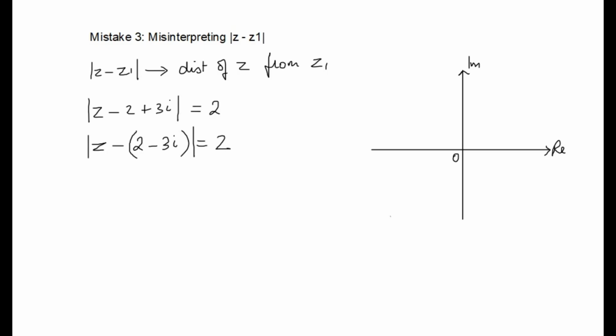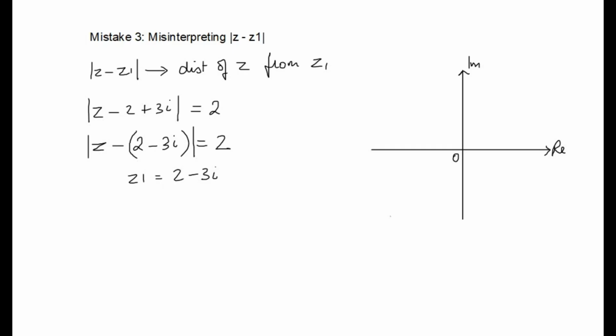Now we can say that z1 is 2 minus 3i. Do you see the possible error that you could make here? So you don't accept the value within the modulus as it is. Remember to put a bracket around it and leave the minus sign outside.